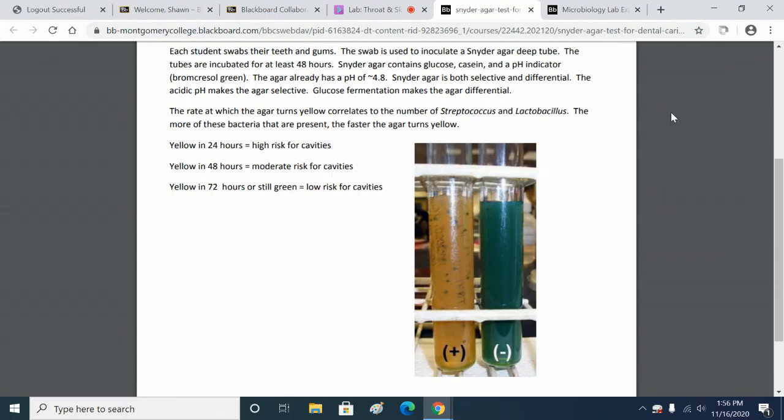Maybe you were chewing sugarless gum, which does help to remove bacteria and acids from your teeth. So that could have improved your test results. So it's just a suggestive test, to give you an idea of your possible risk for cavities.